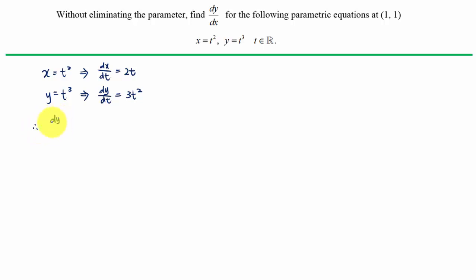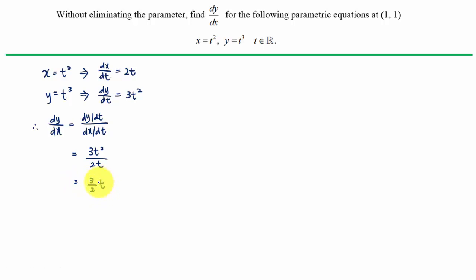Therefore, dy/dx, which is actually dy/dt divided by dx/dt, will be given by the expression of 3t squared over 2t, and if we simplify this, we will get 3 over 2 times t.